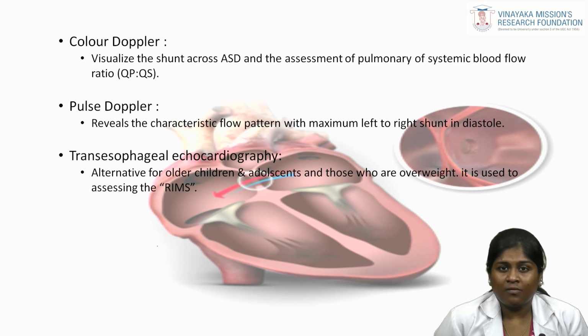In obese patients, we might not see a clear image, as there may be a poor window. Through transesophageal echo, by inserting the probe into the esophagus, we can see all the images very clearly, and it also helps in assessing the rims so that we can suggest the treatment. It might be surgical or device closure.